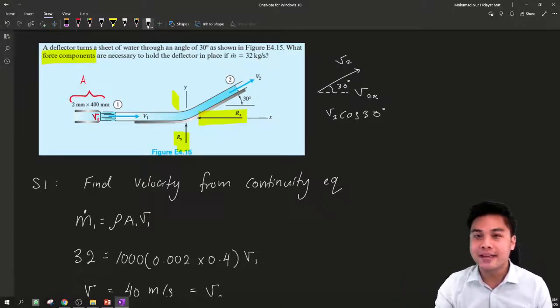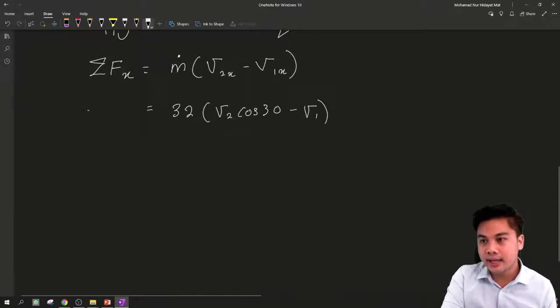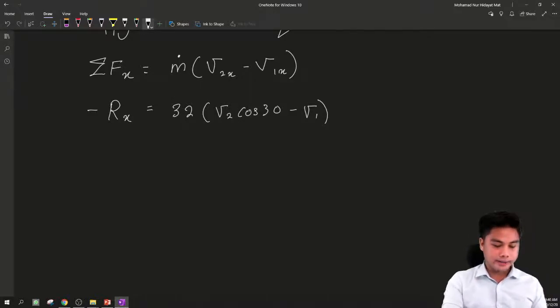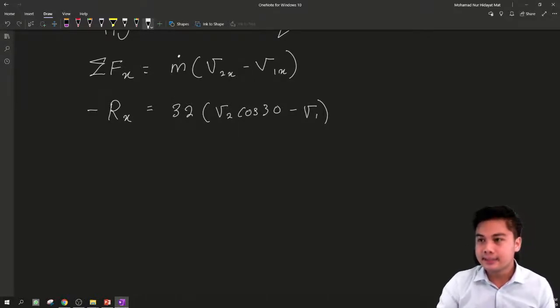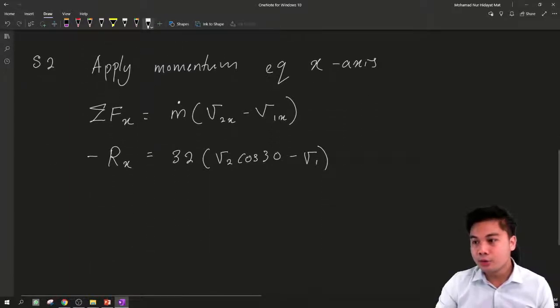Pointing to the left is a negative force, so replace here with negative Rx. And in step 1, we discovered that V1 equals V2, which is 40 meters per second. Then we replace V2 with 40 and V1 with 40.